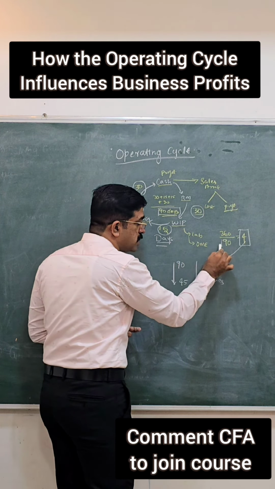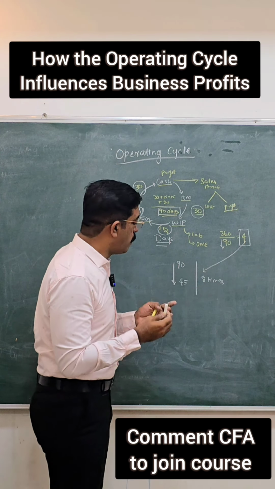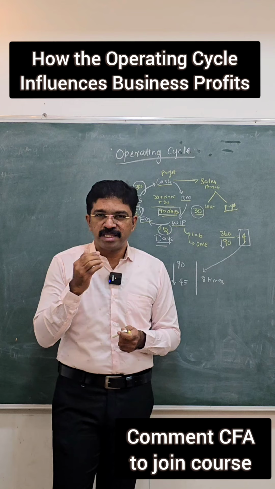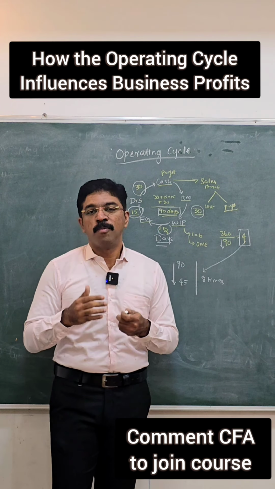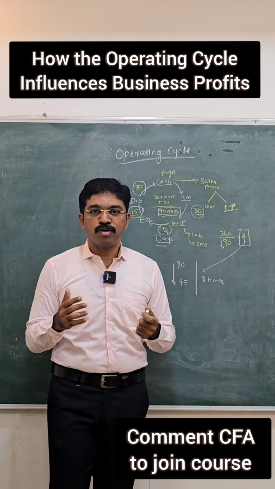But by reducing this figure, they will get more opportunity to make more profit, and that will bring in more liquidity, more profitability, and a lot more peace of mind.